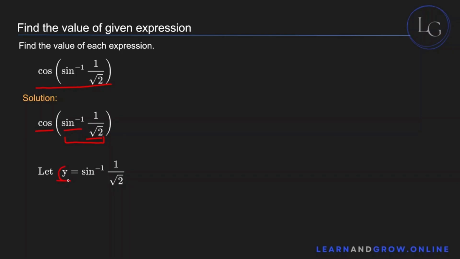An arbitrary value. So when you take this sine inverse function to the left hand side of the equation, it becomes sine, right? So sine of y is equal to 1 by under root 2. Now in this case, we already know, as we've discussed before, that the value of y lies between minus pi by 2 and pi by 2, right?